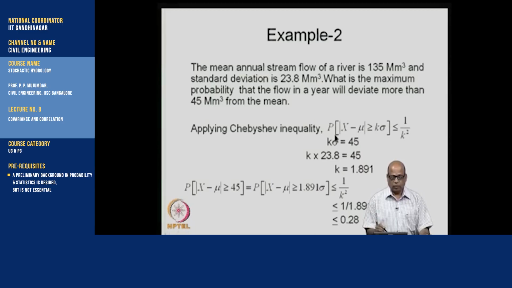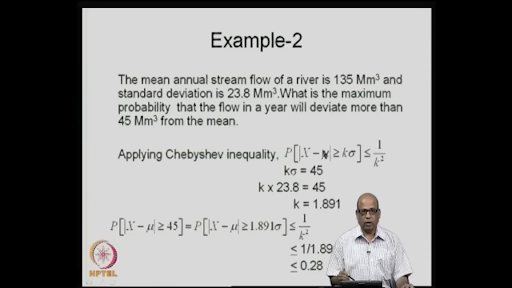So, we will use the Chebyshev inequality, which states that the probability of the absolute value of the deviation x minus mu being greater than or equal to k sigma will be less than or equal to 1 by k square. Here we are saying that k sigma is equal to 45, because we are asking what is the maximum probability that the flow in a year will deviate more than 45 million cubic meters.